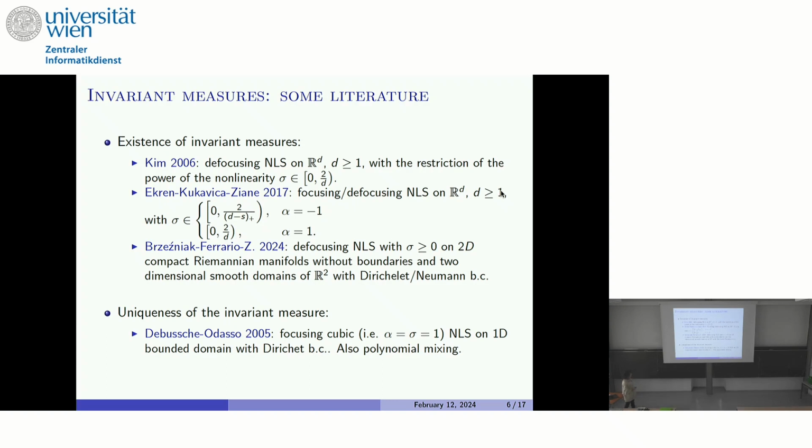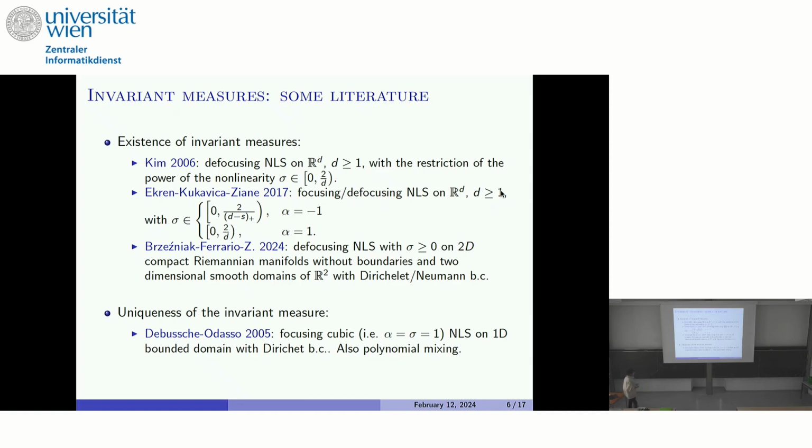And in 2017, Eken, Kukavica, and Xiong extended the results by Kim, proving the existence of at least one invariant measure, both in the focusing and the defocusing case, in any dimension, with the usual assumption on the nonlinear term. Okay, and in collaboration with Brzeźniak and Ferrario, we studied what happens on different geometries, and Benedetta will talk about it.